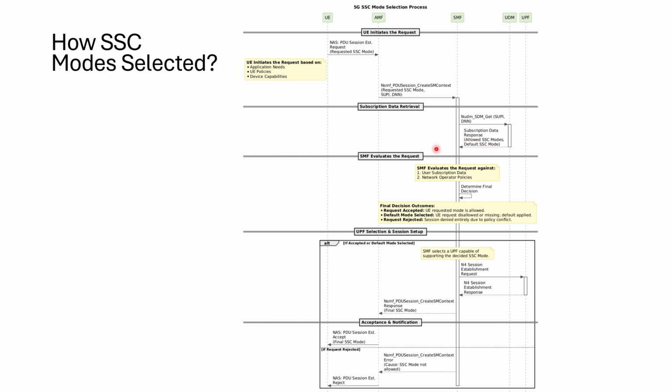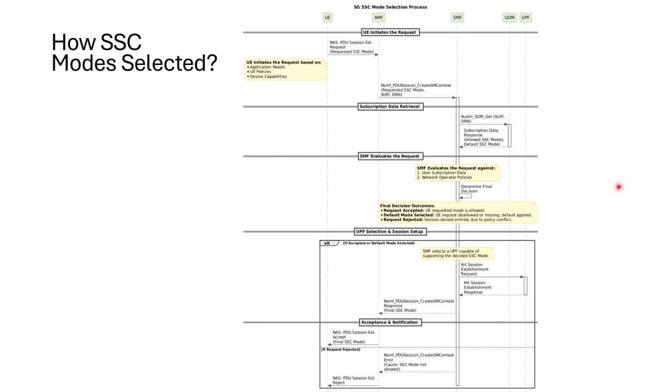The second is the default SSC mode, which is the fallback if the UE's request is missing or invalid. Now the SMF is going to evaluate that particular request. Here the SMF takes three inputs: the UE request, the UDM allowed list, and the local operator policy.